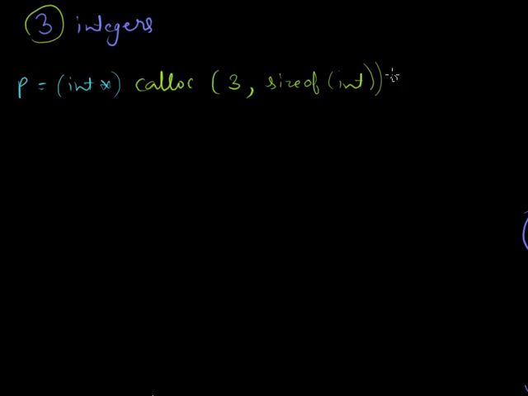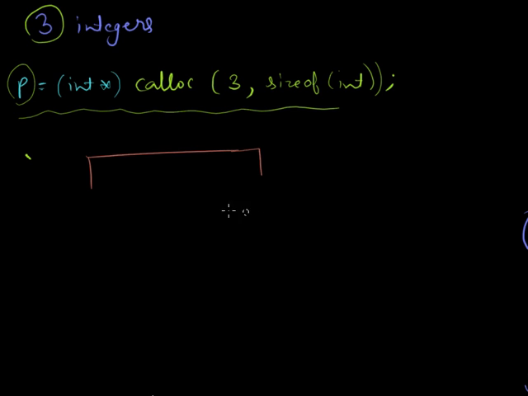This way you can allocate memory for 3 integers. Let me draw the memory layout of how calloc allocates memory. It allocates 3 blocks of memory, each of them containing an int.